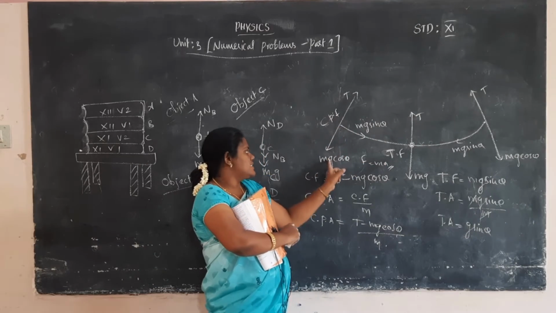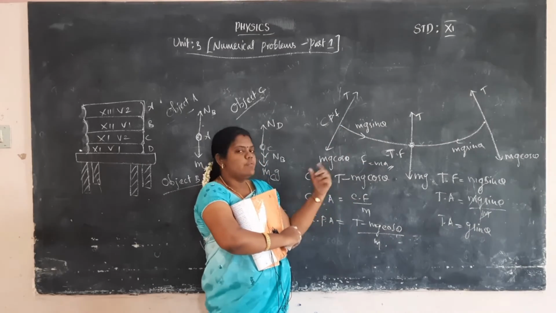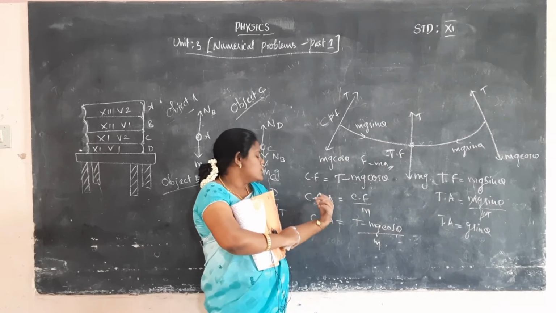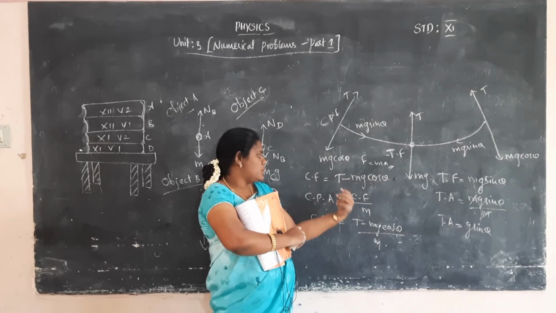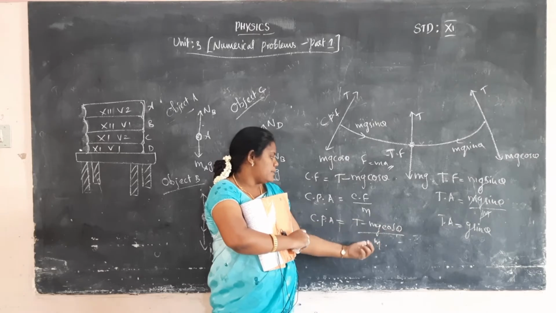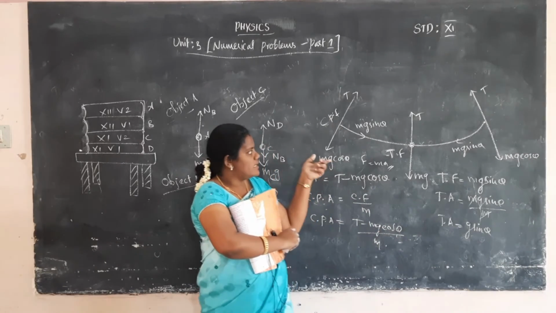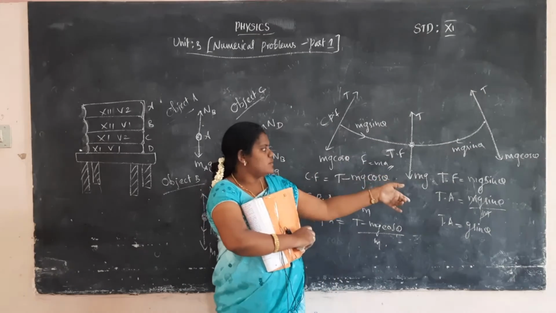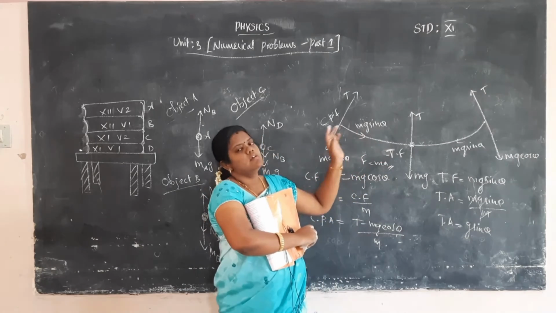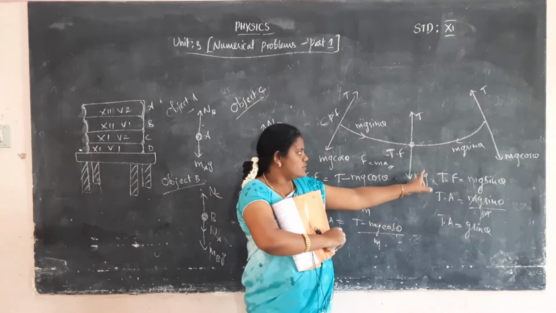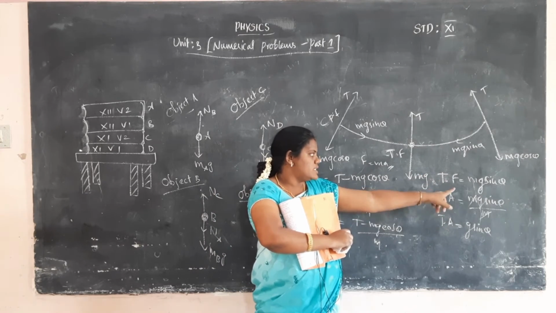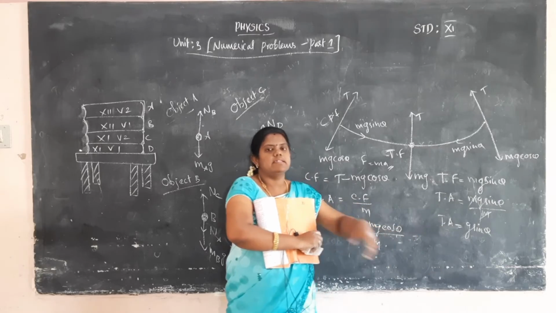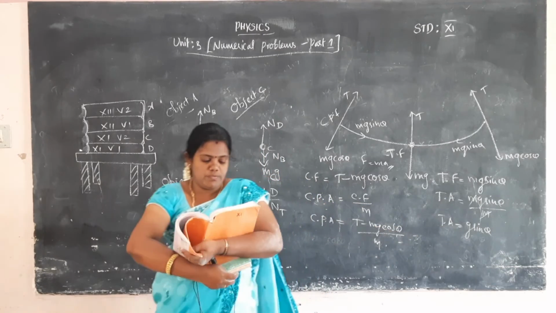Centripetal acceleration is T minus mg cos theta by m. Tangential acceleration is mg sin theta by m, the m cancels, that is g sin theta. This is the fifth problem.